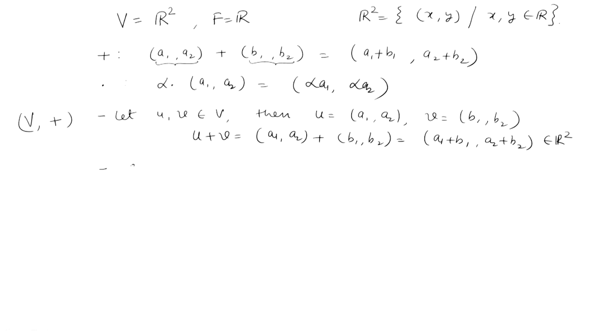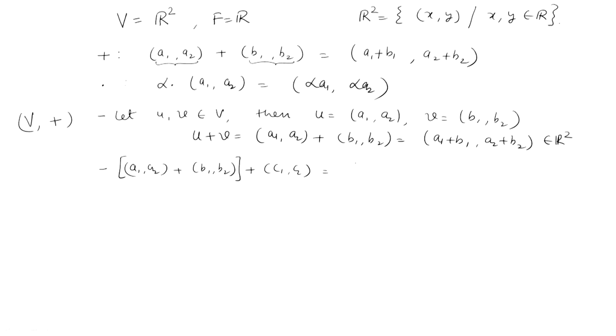The second property is associative. If you take the associative property, it is very obvious that if you take three elements A1 A2, B1 B2, C1 C2 in R2, you take the bracket in the first two, you add them.